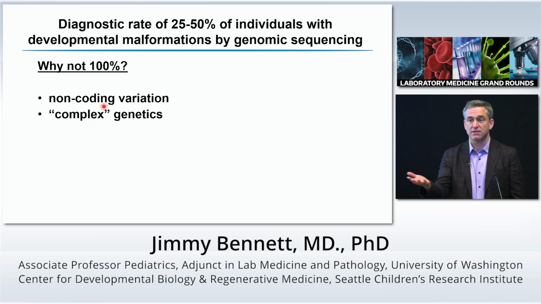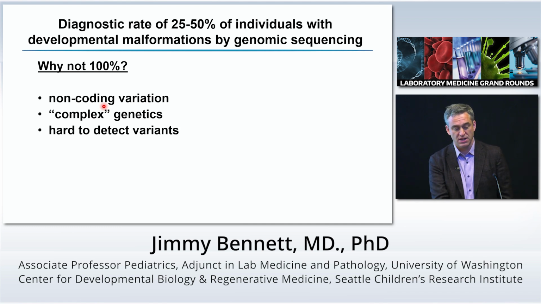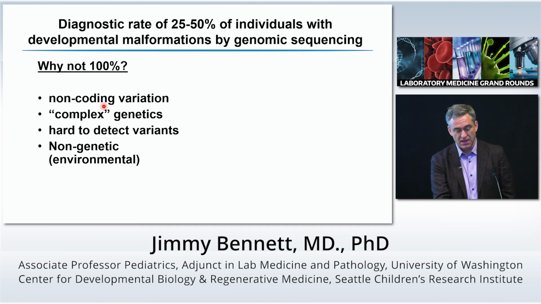You can have variants that are in 2 or more genes, complex genetics. That's important and very hard to sort out. There can be variants that are present in every cell in their body, but they're not currently detected by methods. Short-read sequencing doesn't detect certain types of variations. We often forget that congenital malformations can be caused by viruses and environmental effects. Not every birth defect is genetic.